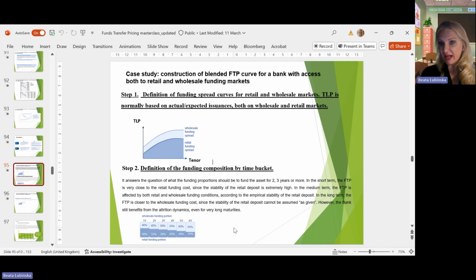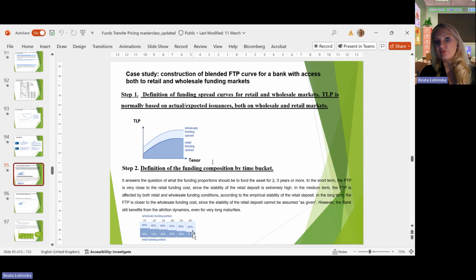Of course, you must have this kind of model, because you are modeling NMDs for FTP, for IRRBB, for liquidity purposes. So everyone uses the behavioral view for management of these ALM risks. Therefore, you will be modeling them across tenors. And only then, like I said, will you be filling in the gap through this wholesale funding portion.